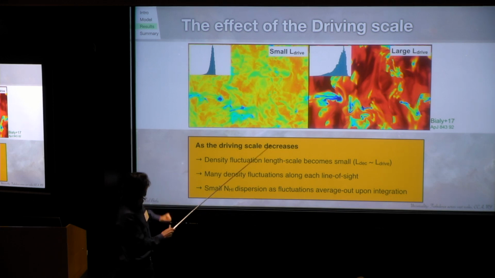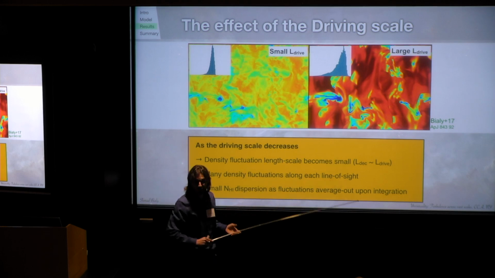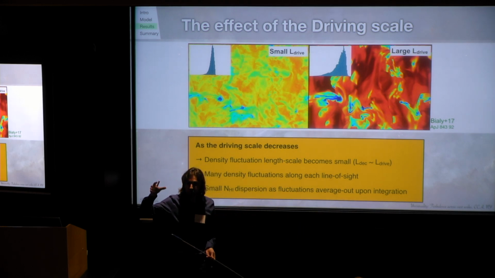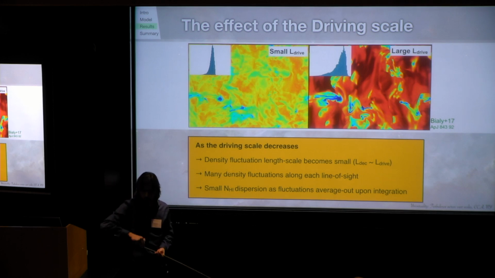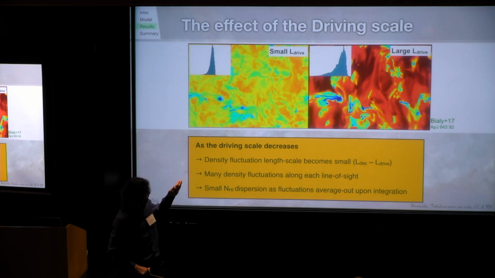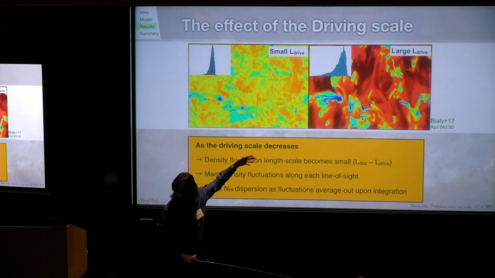When the driving scale is large, the scale of each density fluctuation, and by scale of density fluctuation I mean the scale over which the density is correlated, is large. As we look in different lines of sight, in each line of sight we really see just one or several density fluctuations, not many.